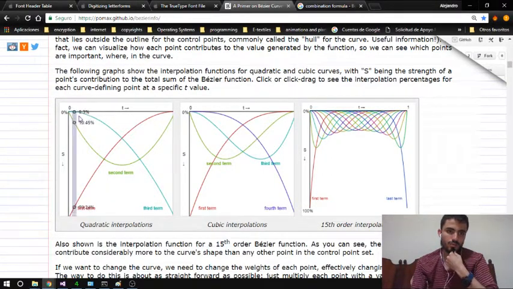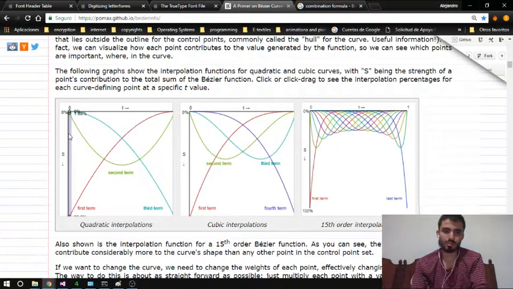Since t just goes from 0 to 1, we can say that at the starting point, when t is 0, the first term will have the maximum because it's 1 minus t, and the third term is going to be 0 because it's t, and the second term, that is 1 minus t times t, is also going to be 0 because it's multiplied by t, and it's 2 times that.